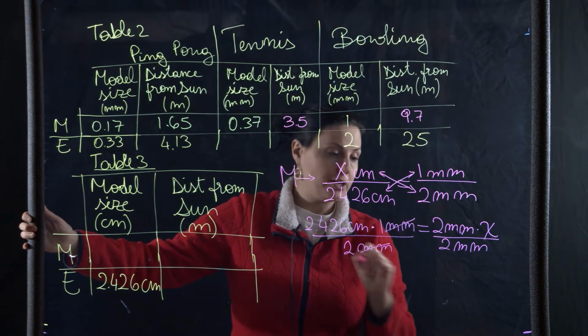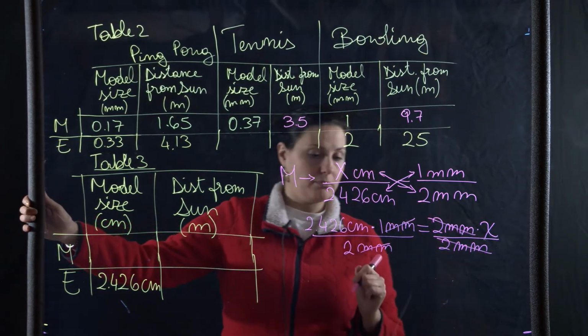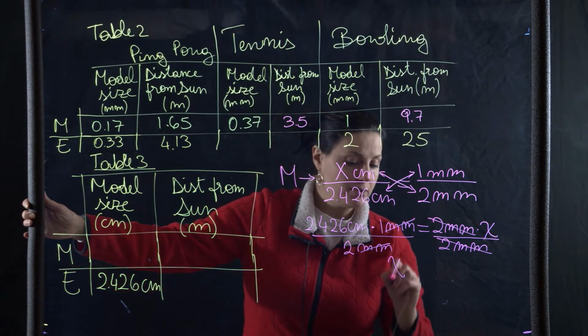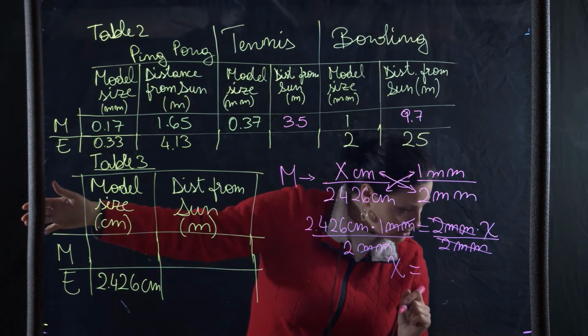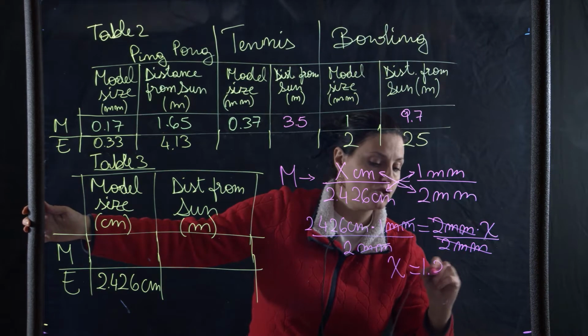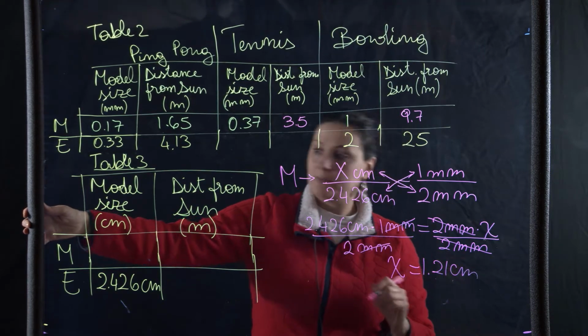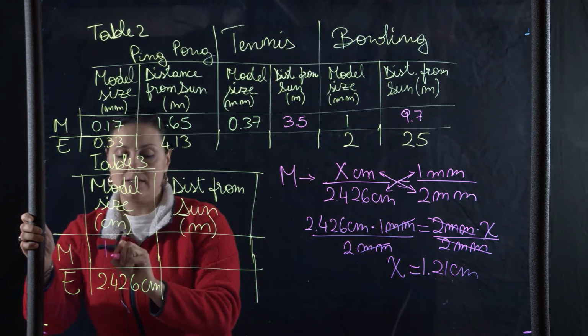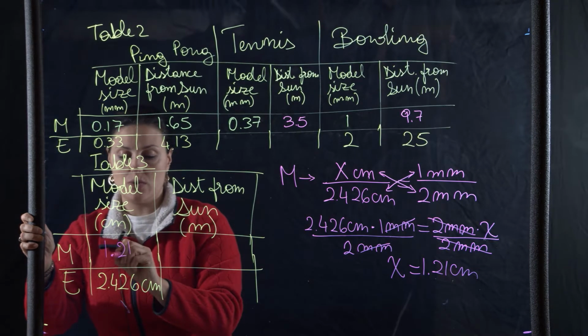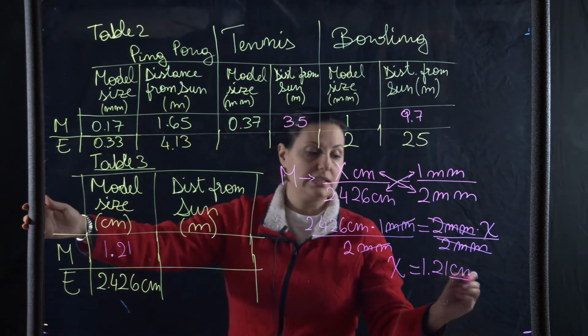My millimeters here cancel. This here cancels completely. And this number, x, should be 1.21 centimeters. So I go ahead and fill that in the table, 1.21. Remember, this is in centimeters.